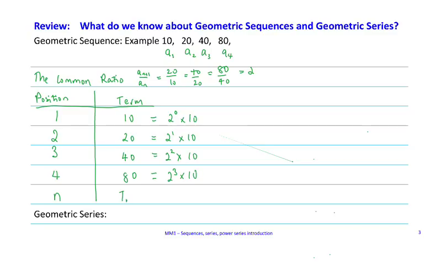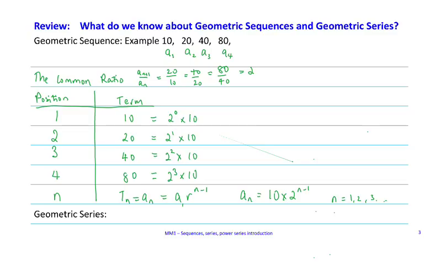So our term, a_n, is a1 times r to the n minus 1. So we have a_n equal to 10 times 2 to the n minus 1, for n equal to 1, 2, 3, etc. Now, this is a geometric sequence.